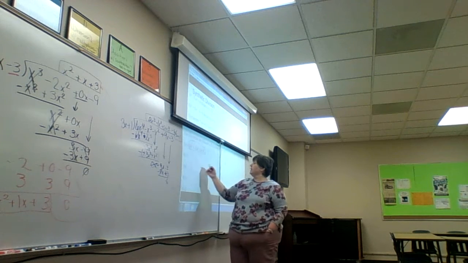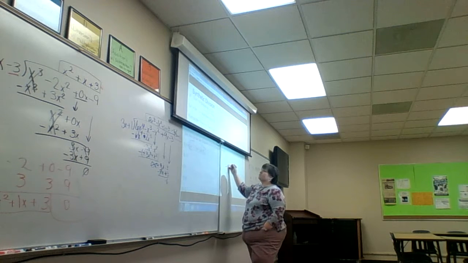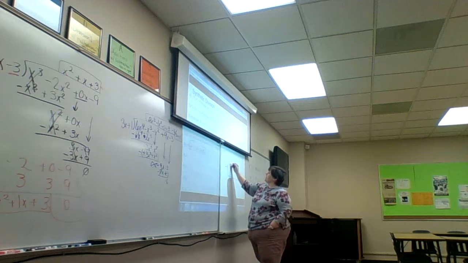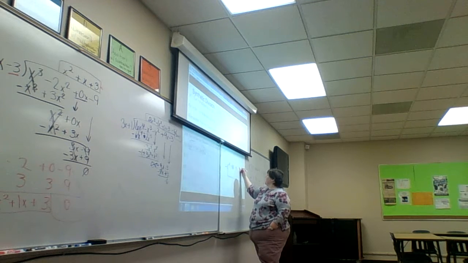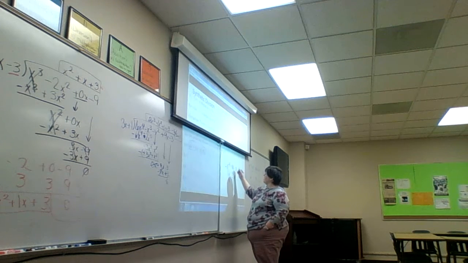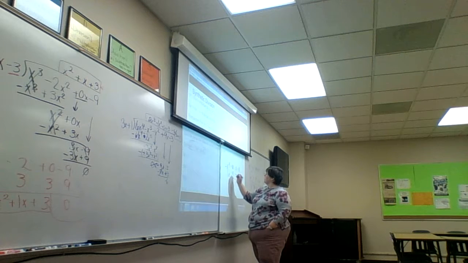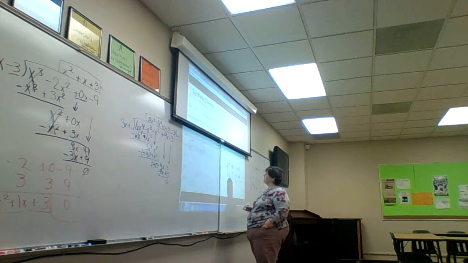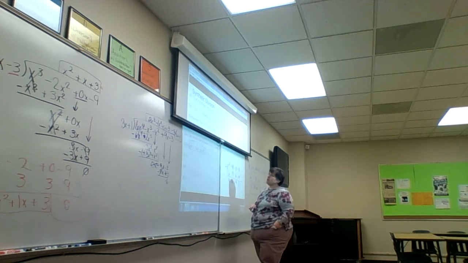So negative 1, I have 4x to the third, 10x squared, minus 3x, minus 8. Move down, 4 times negative 1, negative 4, add those, 6, negative 6, negative 9, positive 9, 1. 1 is going to be the answer there.